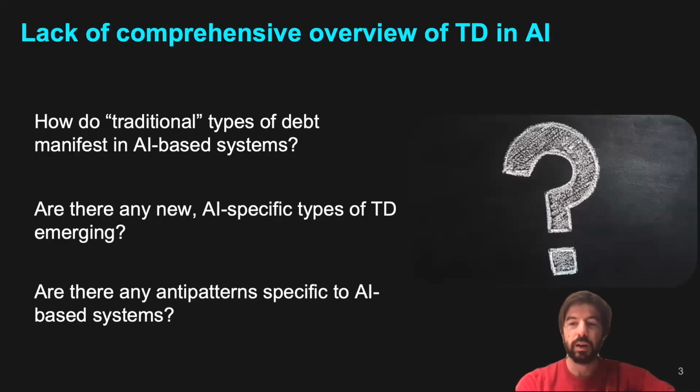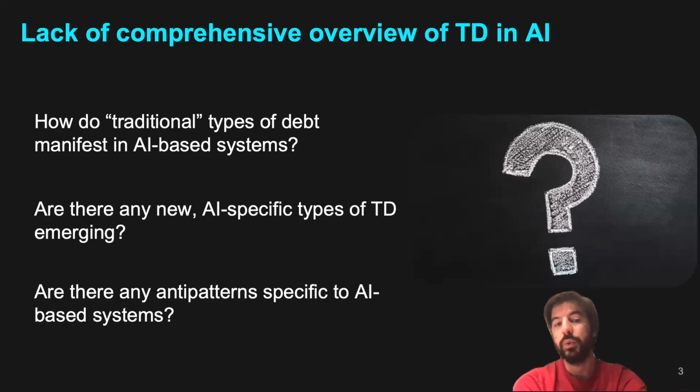Looking at the understanding part, we try to find a comprehensive overview of technical debt in AI systems, thinking about questions such as: how do traditional types of debt, such as code debt or architectural debt, manifest in AI-based systems?